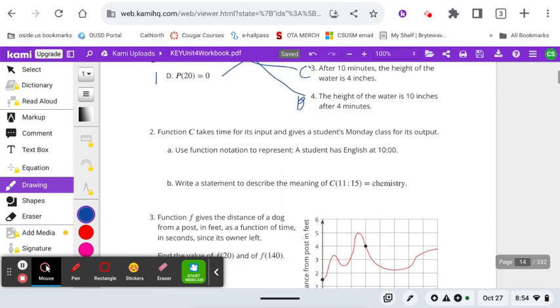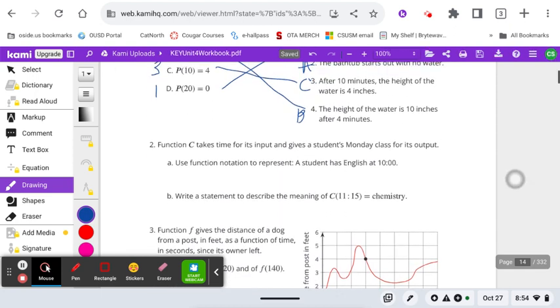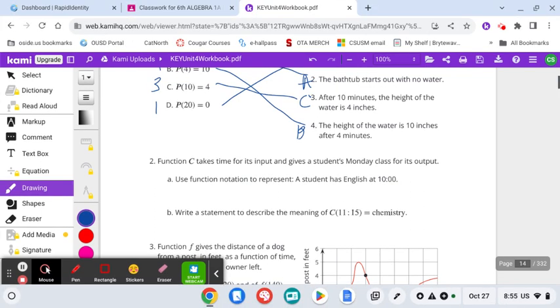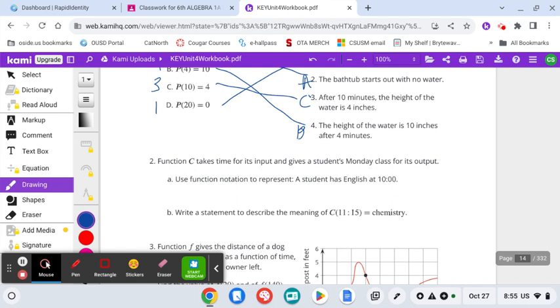Function C takes time for input and gives a student's Monday class for its output. Use function notation to represent a student has English at 10. Let me switch over to text really quick so you can see it a little bit easier.